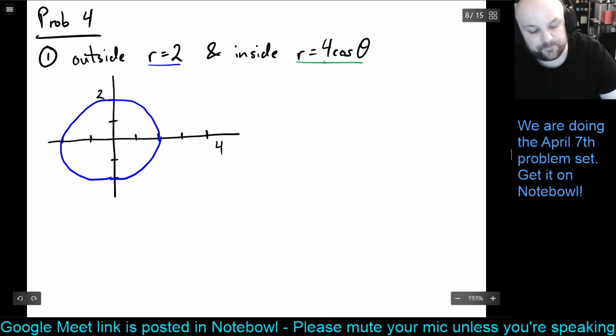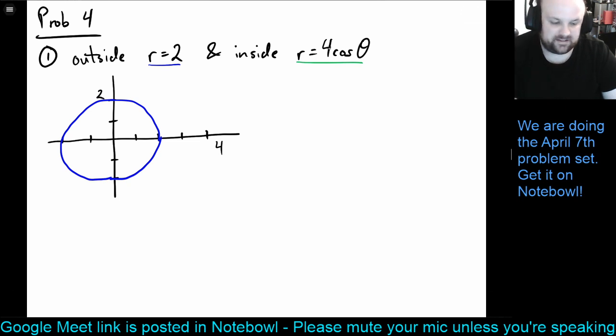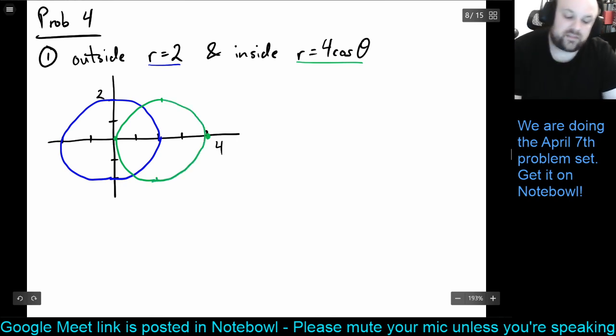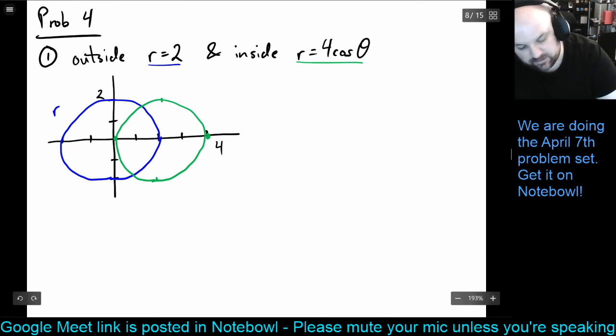Now, if you remember, for cosine theta, if you have something that's a number times cosine theta, that's a circle of radius half this number that goes from the origin out to that number. So in this case, sort of the compass points of this circle are right here. And we have that. So here we have r equals 2 is this one. r equals 4 cosine theta is this one.